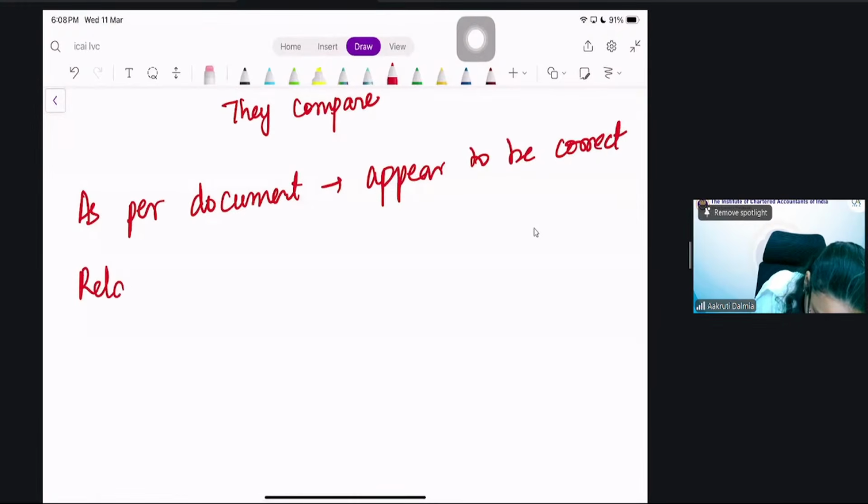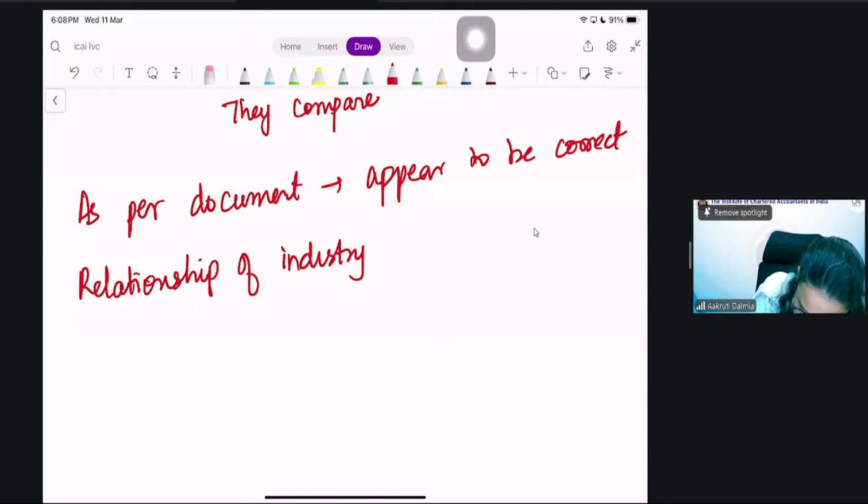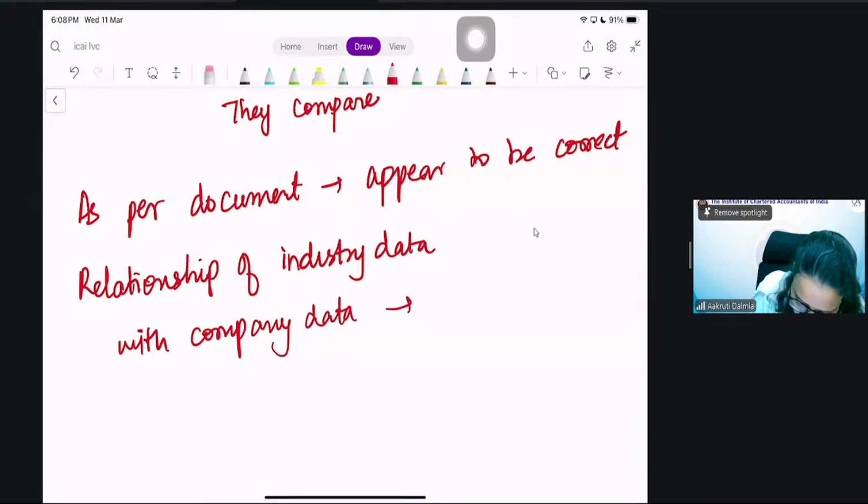But the relationship of industry data with company data is appearing to be abnormal.